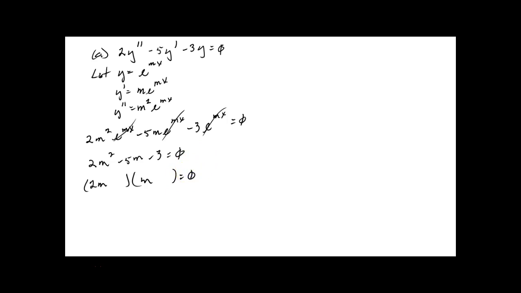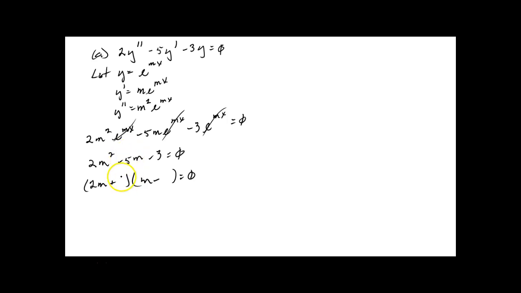Now, here's where the question comes. The last term is negative, so one of these is plus and one's minus, but I may have put them in the wrong place. Now, we want two numbers that multiply to be 3 and add to be 5, if you put them in here. Or actually, the difference is 5.